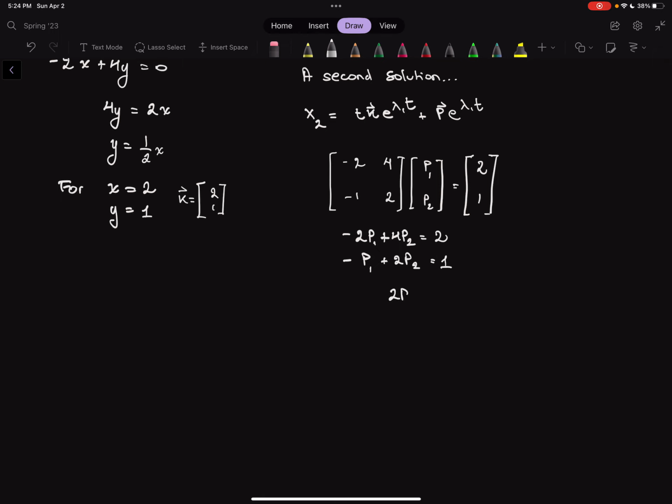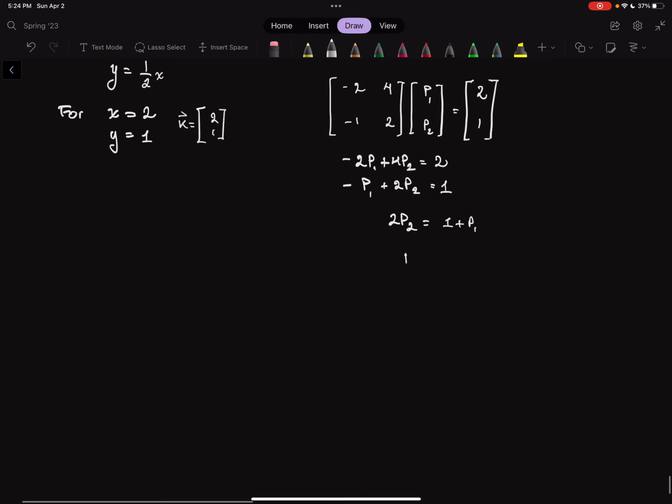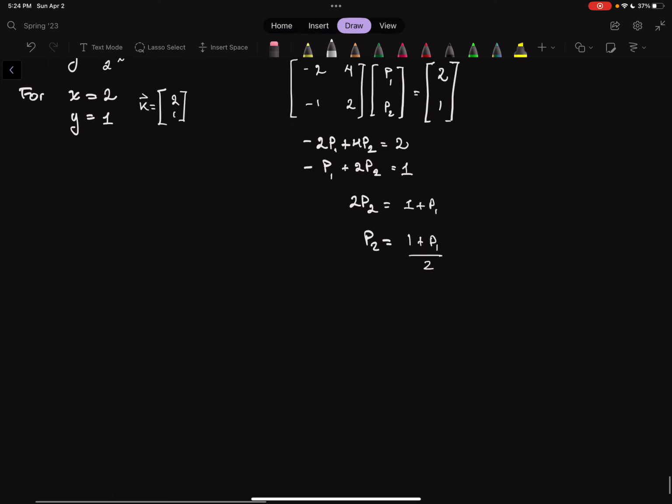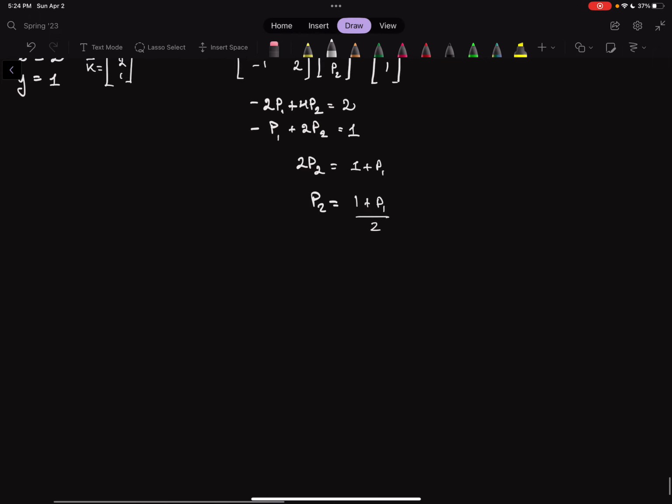So we can say that 2p2 is equal to 1 plus p1, or that p2 is equal to (1 plus p1) over 2. And we can plug that into the above equation, so we get negative 2p1 plus 4 times (1 plus p1) over 2 equals 2.